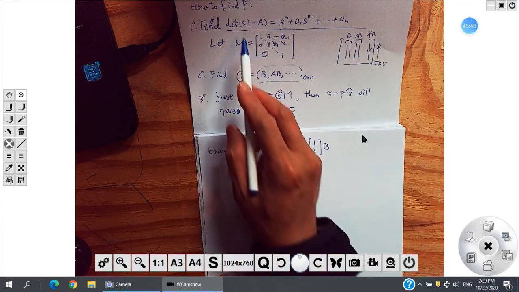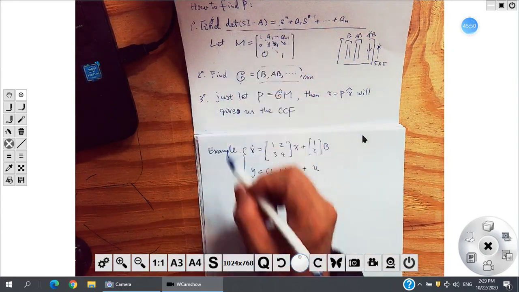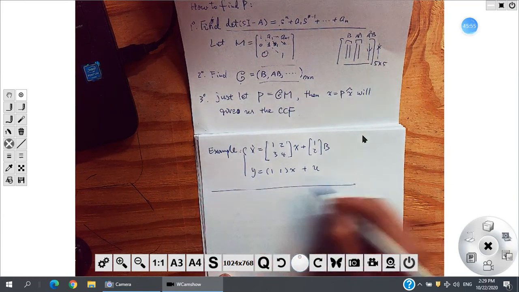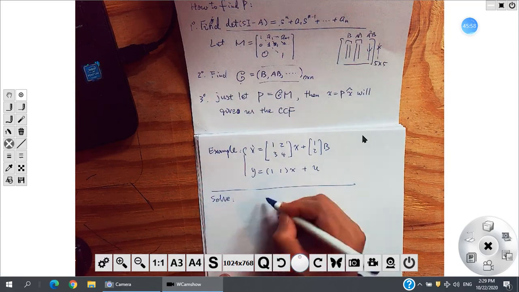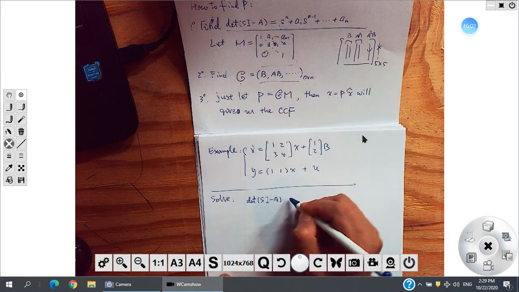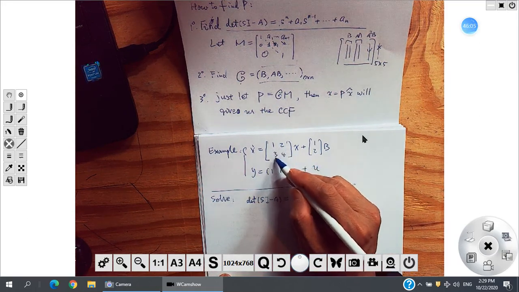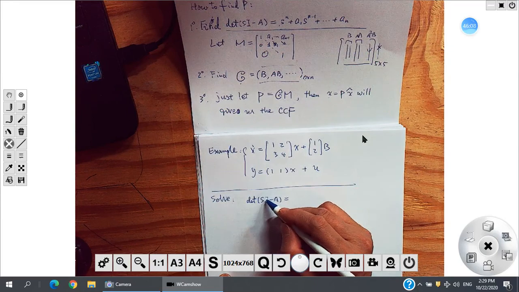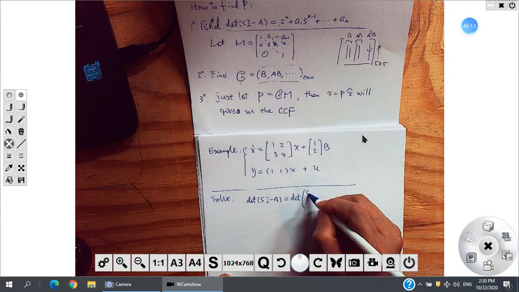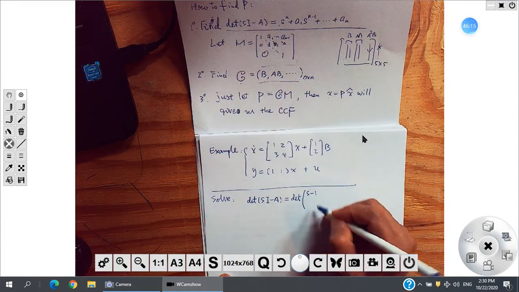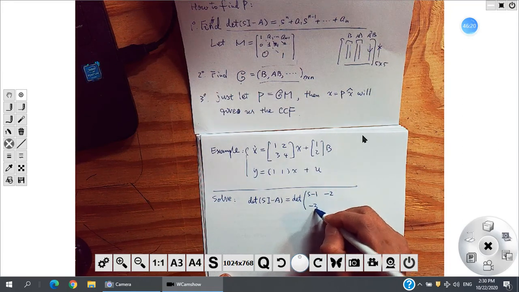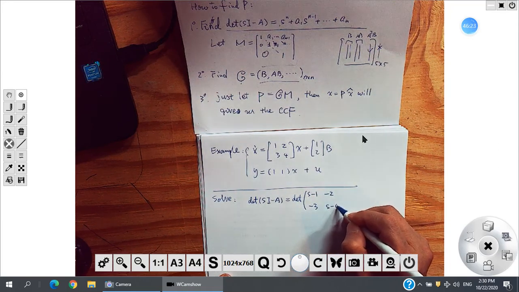We find firstly the characteristic equation of A. So we have the determinant of sI minus A. This is A, 1, 2, 3, 4. So it's the determinant of sI minus A. This is 1, and the minus A is 4.